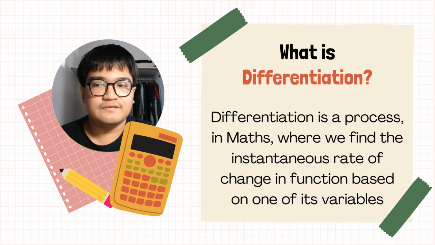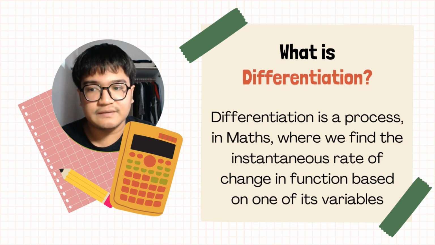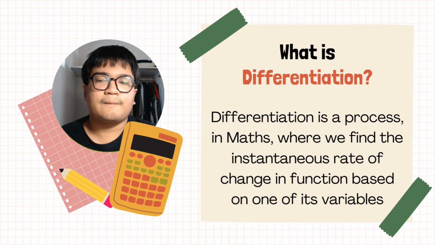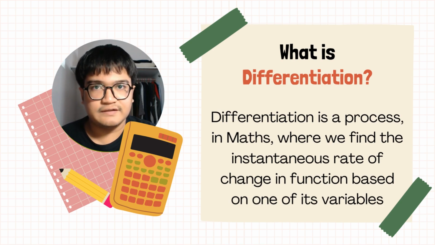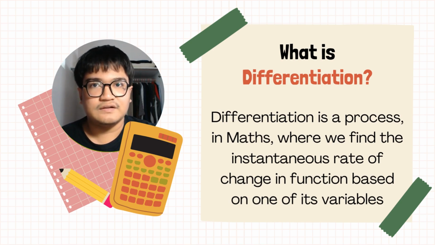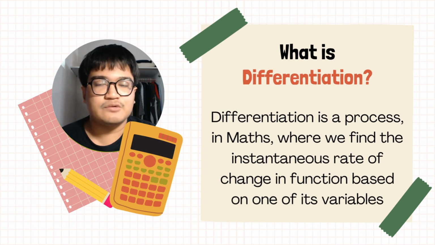By finding the derivative of the distance function, we get the speed of the car. So in other words, differentiation helps us find the rate of change of distance over time. So the speedometer in front of your steering wheel is actually showing you the result of a real-time differentiation.